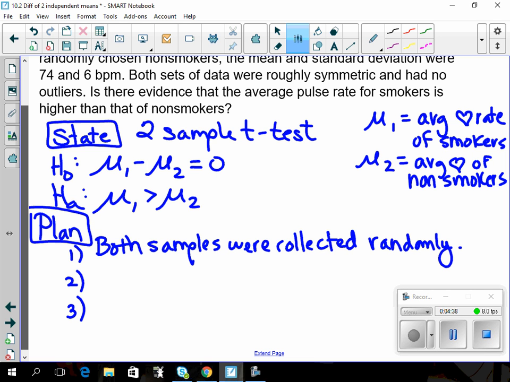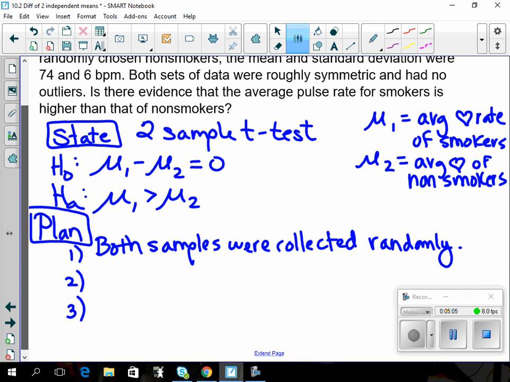All right. What's the next condition? The normal condition. If you want to check the normal condition, we have to have sample sizes greater than 30. Different than it was for proportions. Remember, for proportions, it was np is greater than 10, or np hat, right? Because we had to use the p hat with the two proportions. But that's not true here. Both of the samples aren't greater than 30. One of them is.